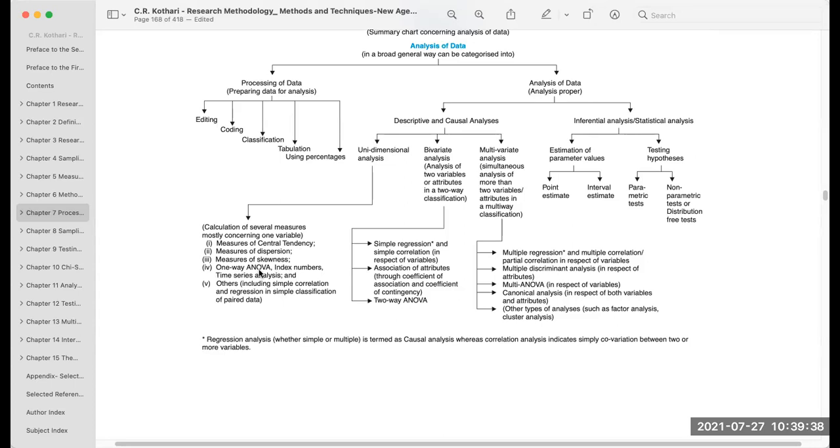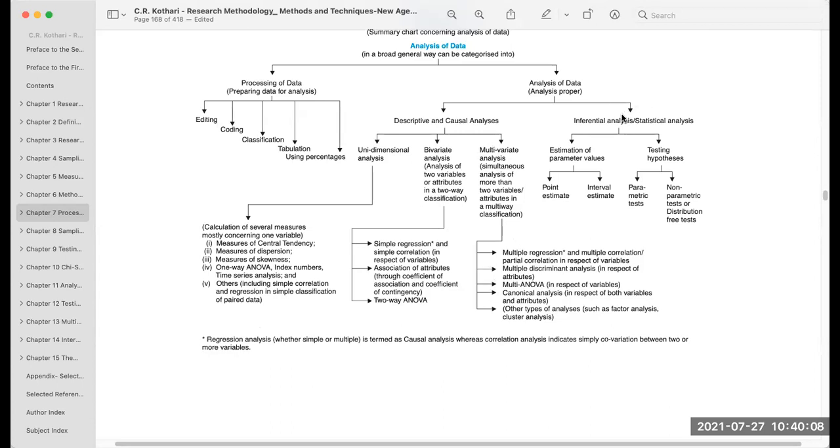I think we have discussed one-way ANOVA in the design of experiment topic. If you're going for bivariate analysis, we have simple regression, association of attributes, or the two-way ANOVA, right? Multivariate: multiple regression, multi-ANOVA or MANOVA, and other kinds of analysis can be done.